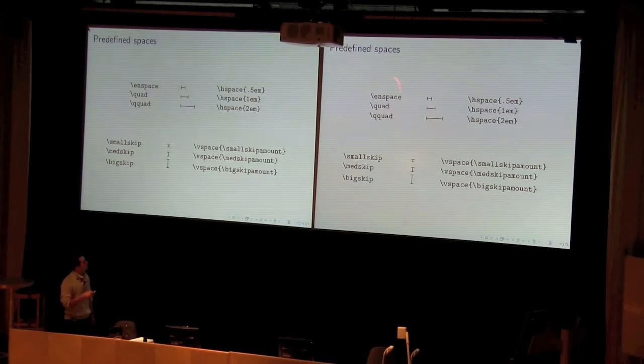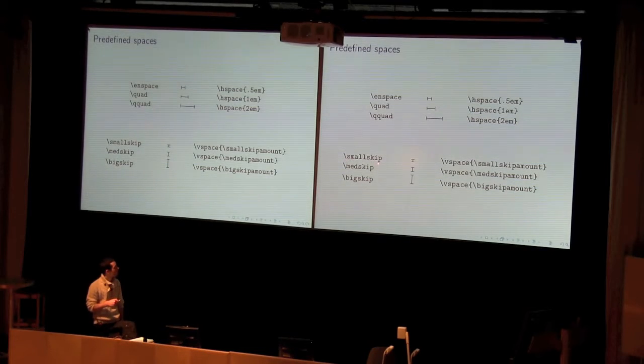You have some predefined spaces. Here is for horizontal. It's just multiples. It's 2 times the previous one each time, and here is what it represents compared to the font. Okay. Here is the same for vertical space. And on the right, this is how it is defined.